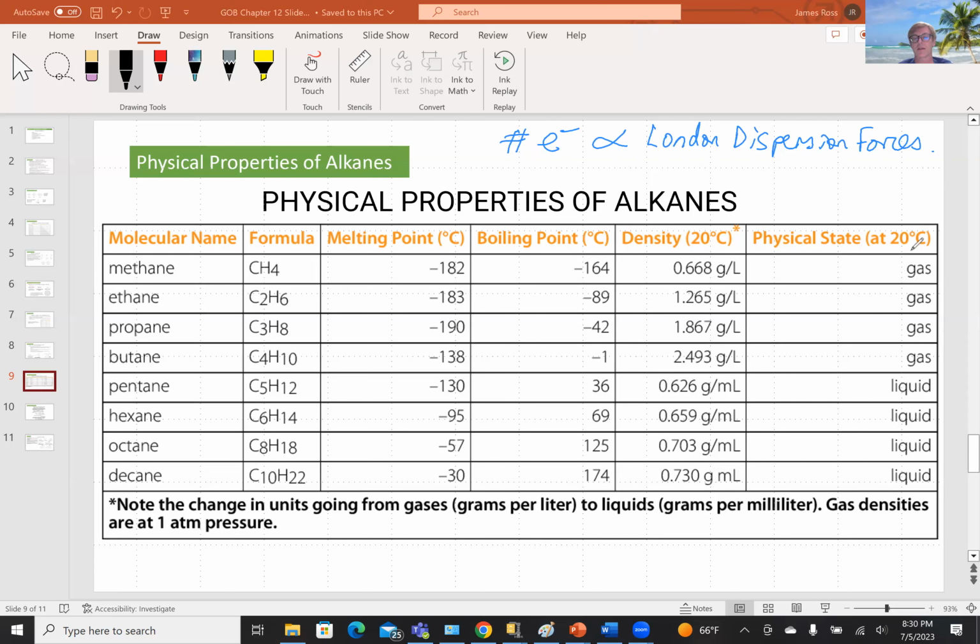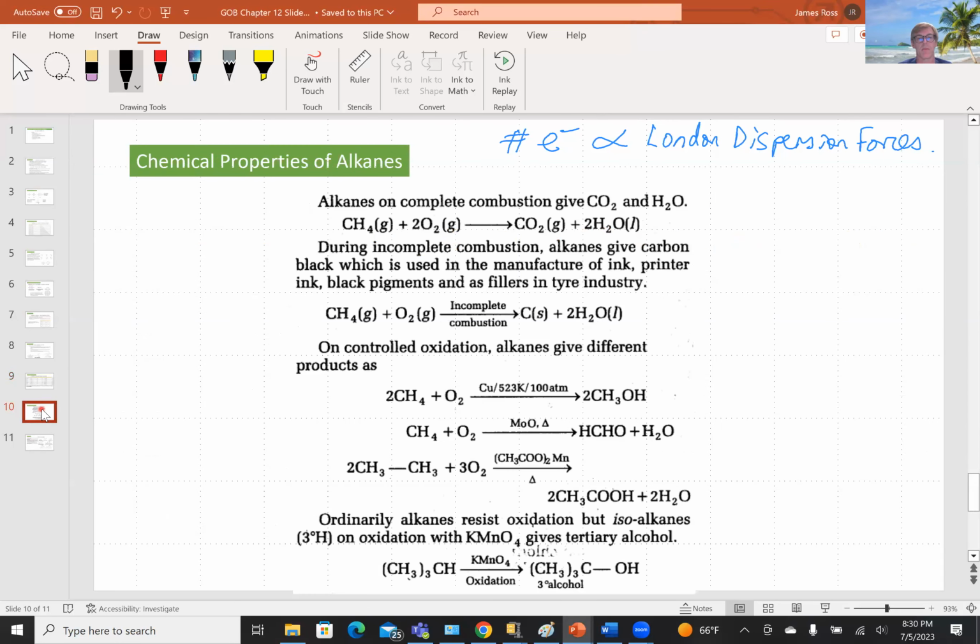And that's because the more intermolecular forces you have, the more they bind adjacent molecules together, and eventually, if you get big enough, you become a solid. So we can see that trend in alkanes. So that's the physical properties.